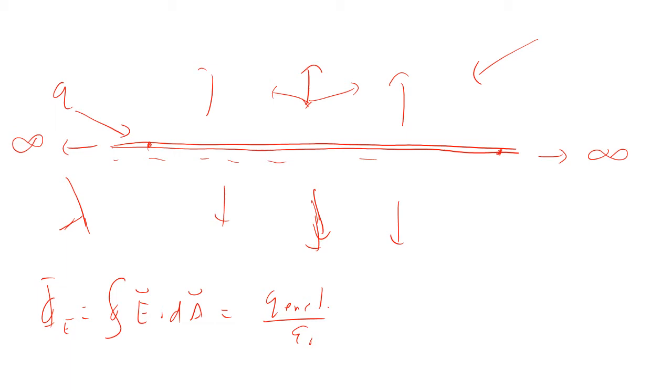For this wire that has some lambda on it, I know the electric field is going straight out, and I want a surface. The electric field goes straight out in all directions, so I want a surface that's symmetric with that.